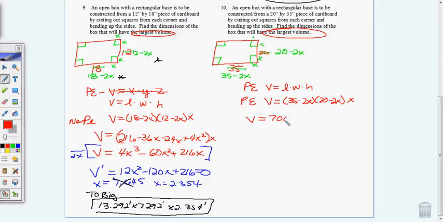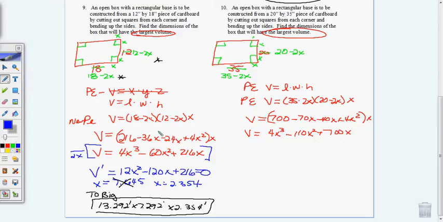You have a calculator to help you with the number crunching. 700 minus 70x minus 40x plus 4x squared. And again, that lone x is still out here on the outside. So my volume is going to turn out to be 4x cubed minus 110x squared plus 700x.